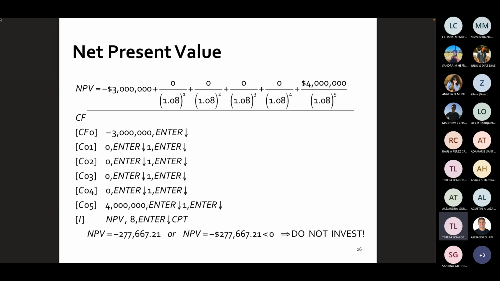That's not it. Oh, these are all the steps for the calculator. What I did was combine these steps and put 0, enter, down, 1, enter, down.